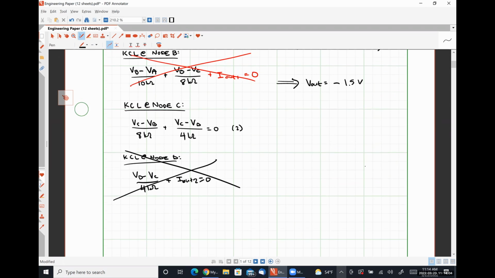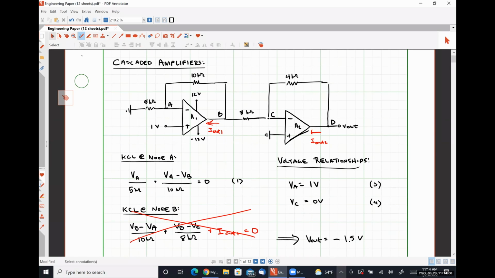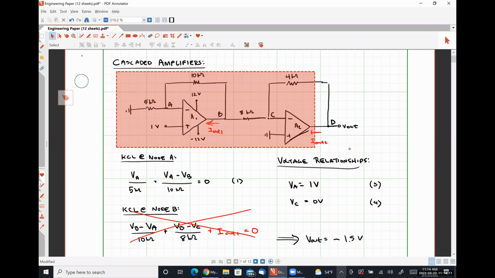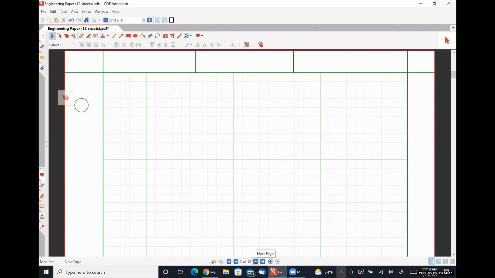All right. So I've already walked you through the second practice here. So what I'm going to do, I'm just going to make a quick copy of this and talk you through the easier way to treat a cascade of op-amp circuits.